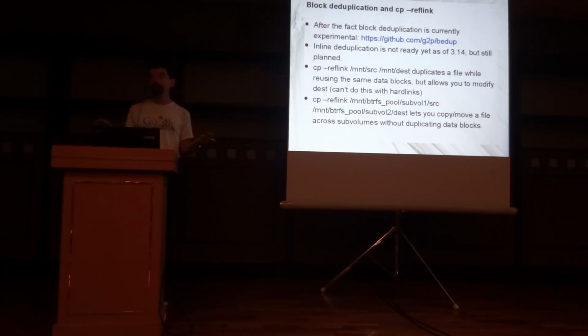And that sounds just like a hard link, except the destination can have a different permission, a different owner, and if you modify that file, only the modified blocks will be duplicated, which is a lot better than a hard link. The other part I mentioned earlier is you can do a copy across subvolumes. So imagine having two different partitions. You can actually have two files in two partitions that are sharing the same data blocks. And that's quite nice.